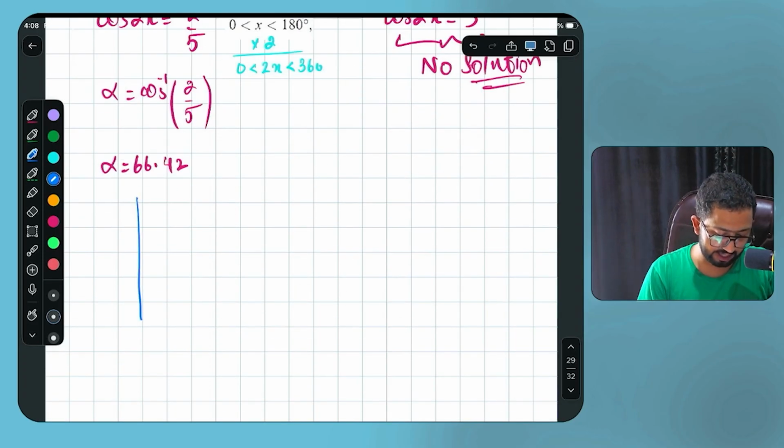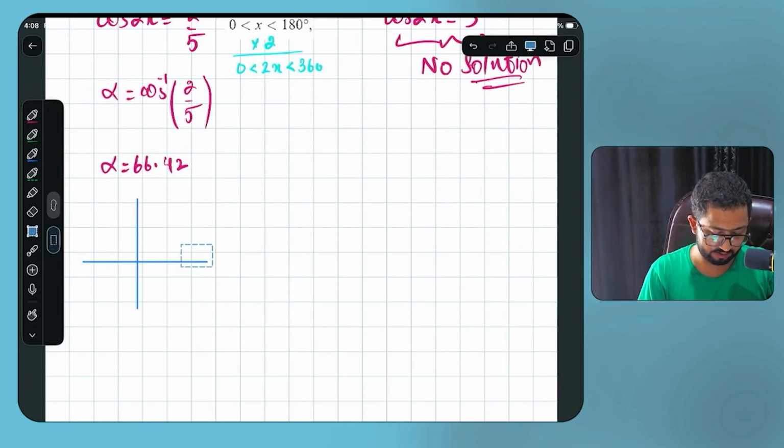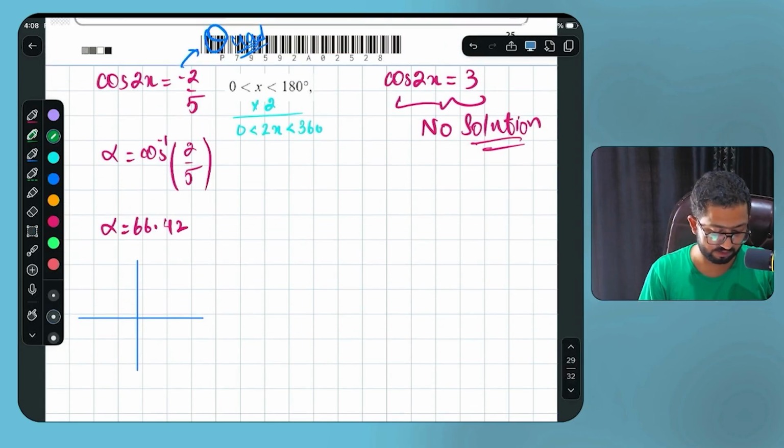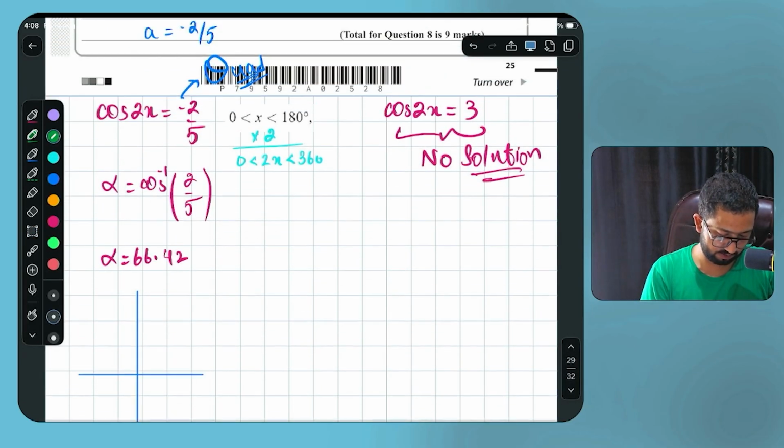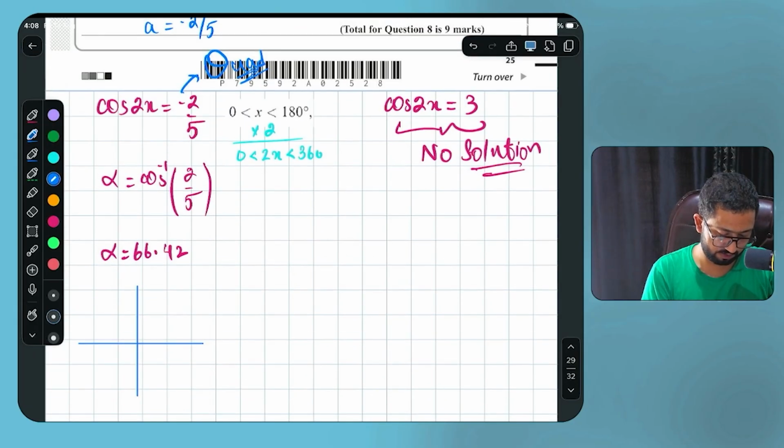The cos is negative in the third quadrant and second quadrant. Mark the acute angle and find the final answer.